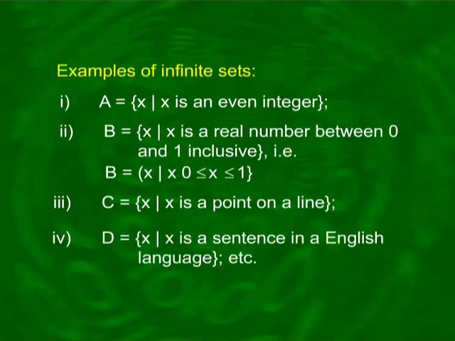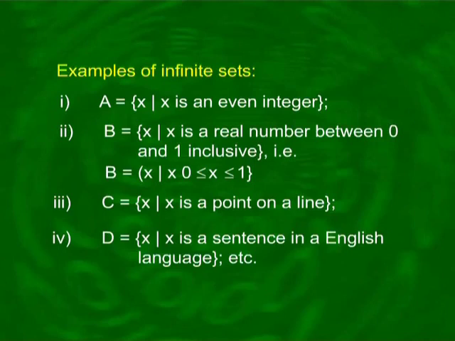Of course, it can be argued that the number of sentences in the English language is not an infinite number, but the point to understand is that sometimes if the set or if a population is very, very large, so large that for practical purposes we can regard it as infinite, then we do adopt this strategy.